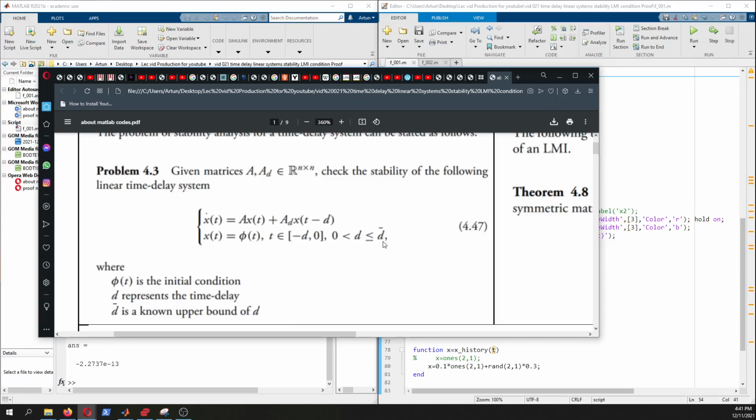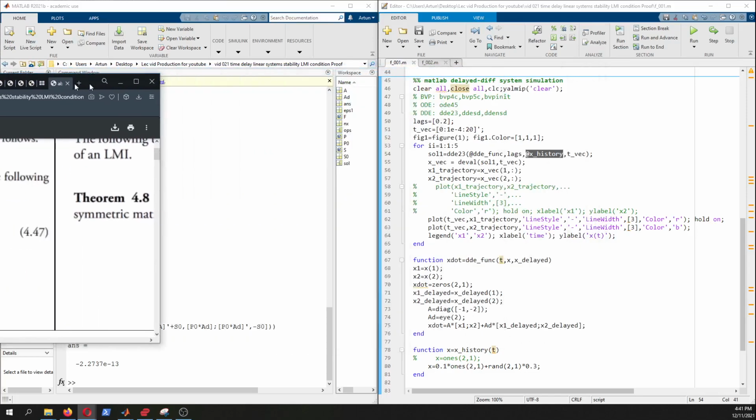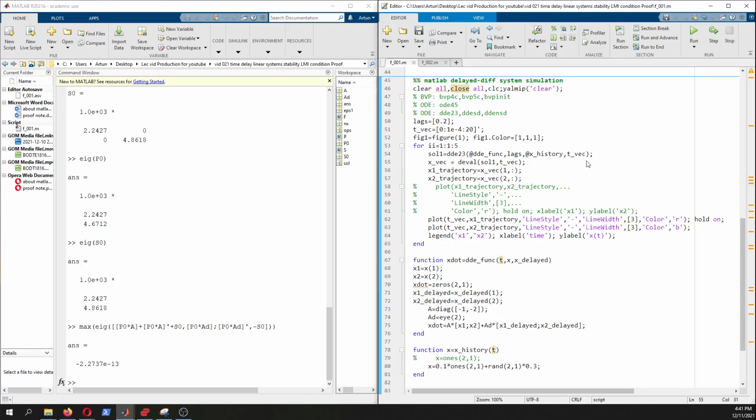Phi, our initial trajectory of our states. So that's why we also need to provide the initial trajectories of our system states. That's the difference between this and ODE45.